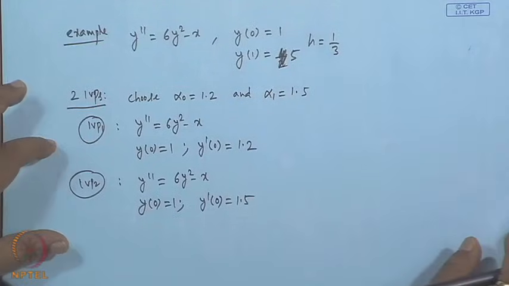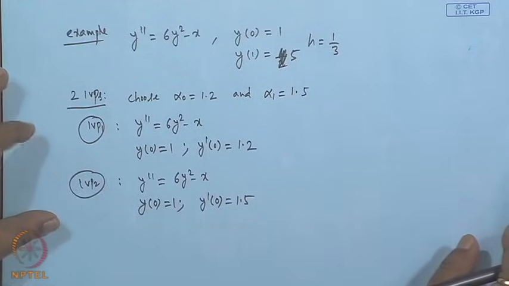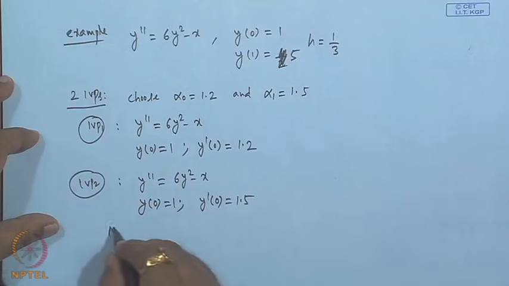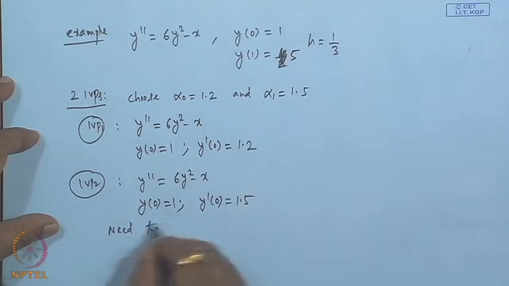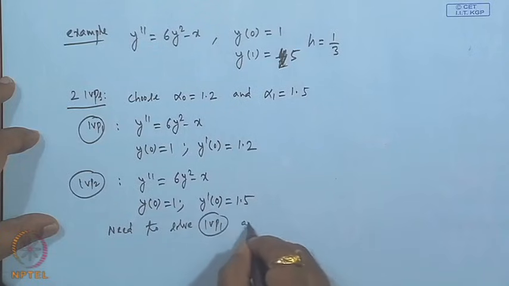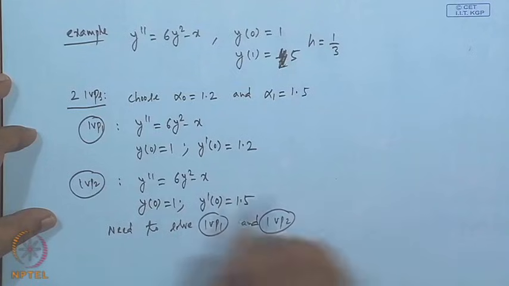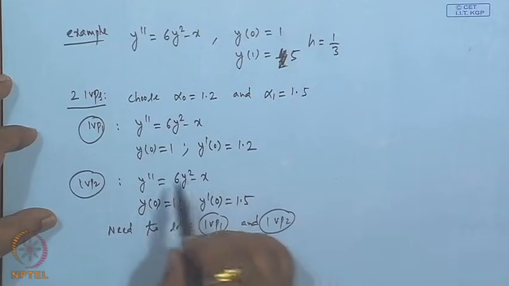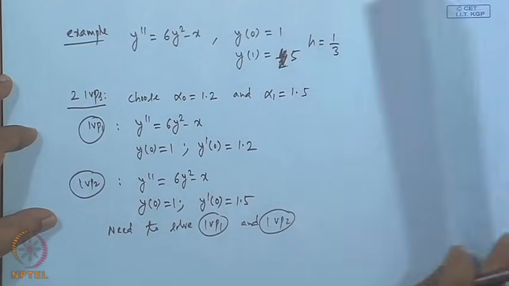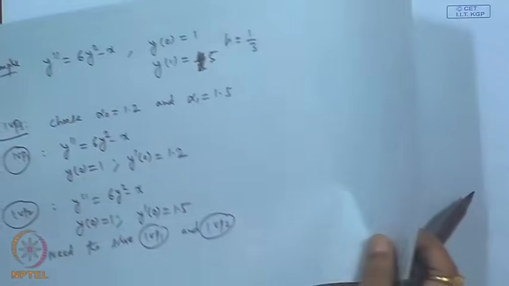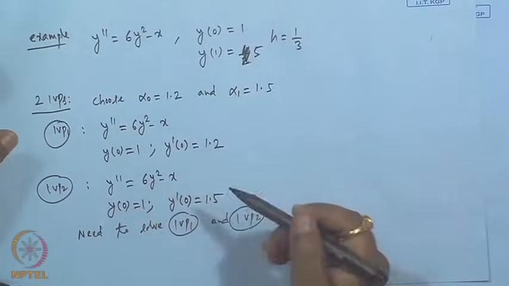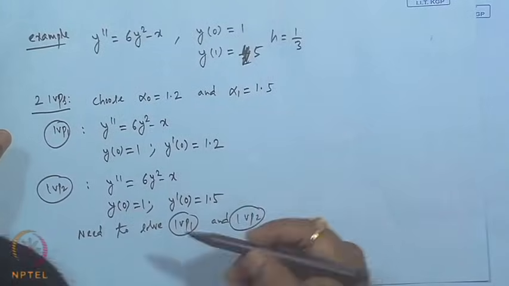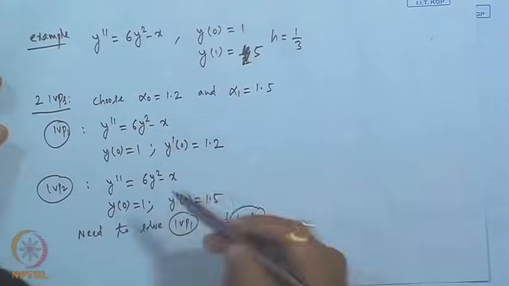Okay. So, now what we have to do? We have to solve. For the sake of simplicity, I would like to try just the Euler method. Please excuse me, because Taylor series and RK methods are a little tedious, but you can try with the Taylor series or RK method.